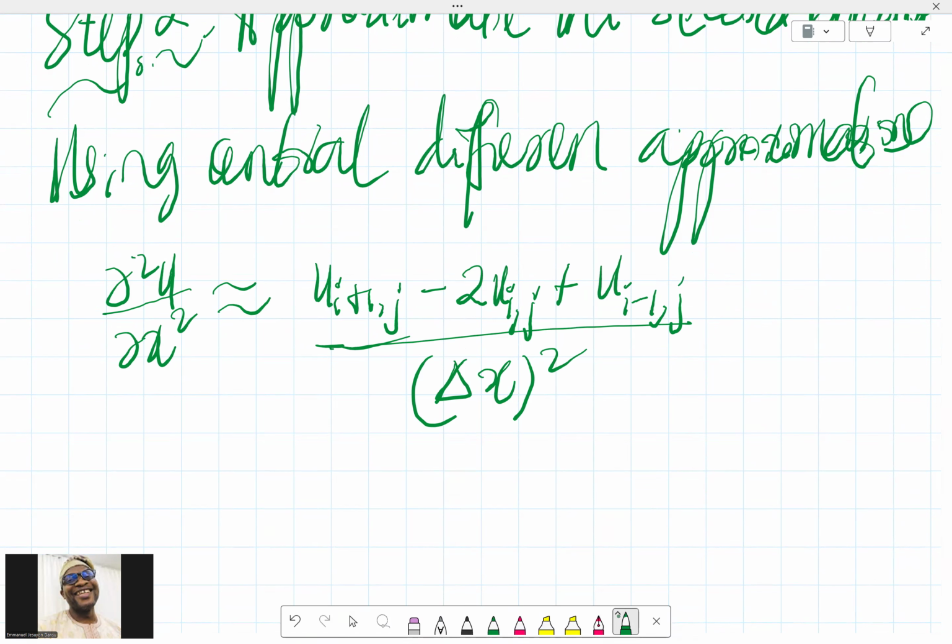Delta x is more like x_{i+1} minus x_i, kind of.